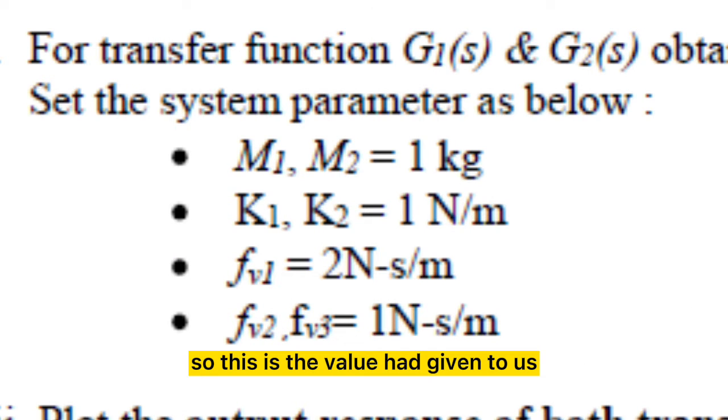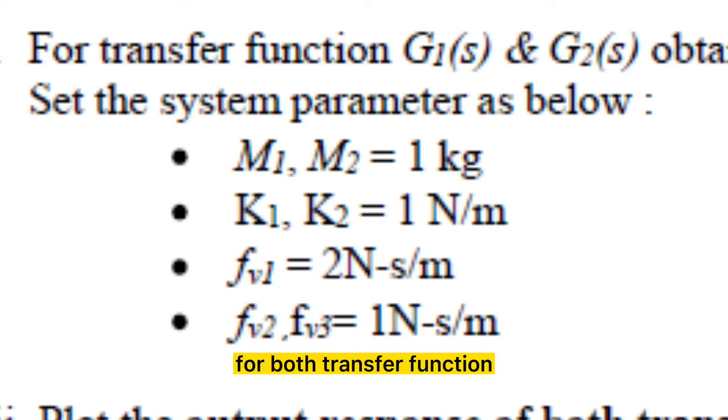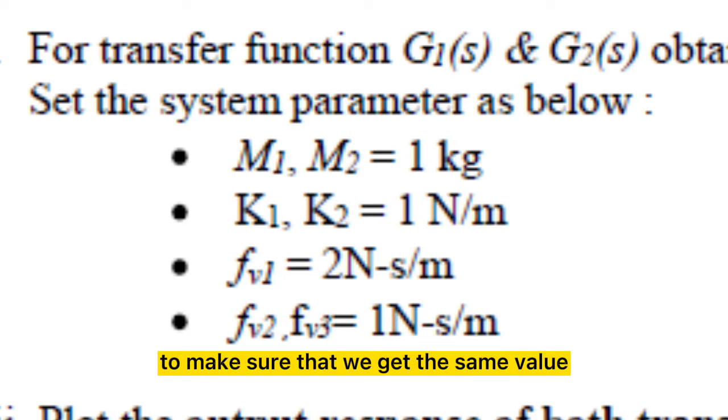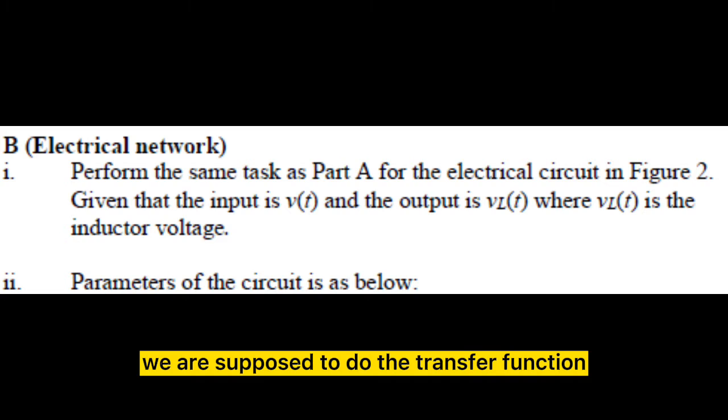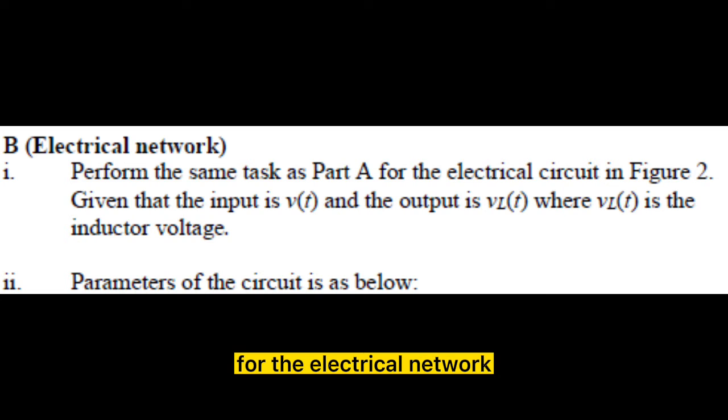This is the value that had been given to us, and by using these values we must generate the unit step response for both transfer functions G1(s) and G2(s). Then we have to use the same values in Simulink software as well to make sure that we get the same result. Next, for part B, we are supposed to find the transfer function for the electrical network.